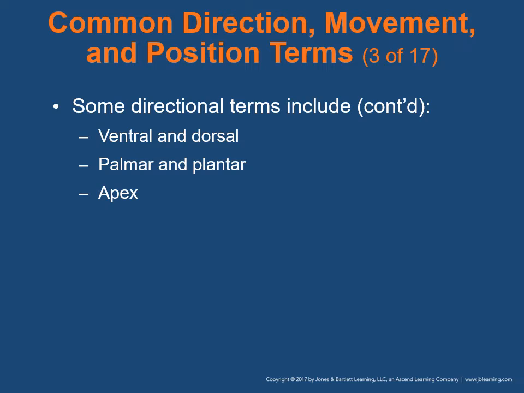Ventral and dorsal, that is going to be talking about the front and the back. Palmar and plantar is going to be talking about surfaces of the palms and the soles of the feet. And apex is going to be referring to points. The terms right and left refer to the patient's right and left, not your right and left, okay? Make sure you understand that.